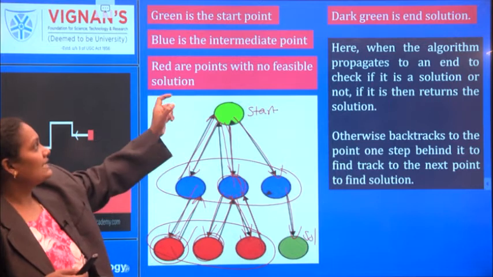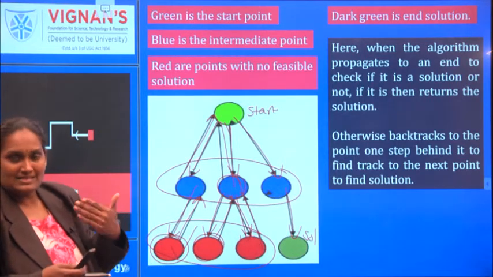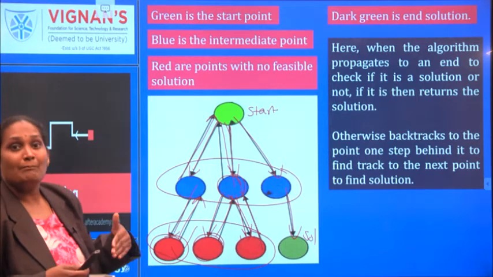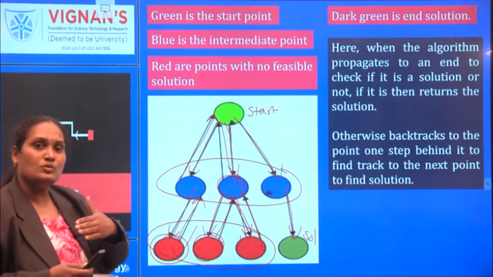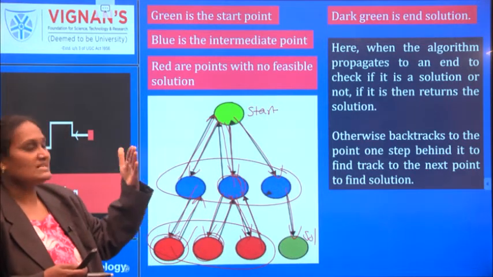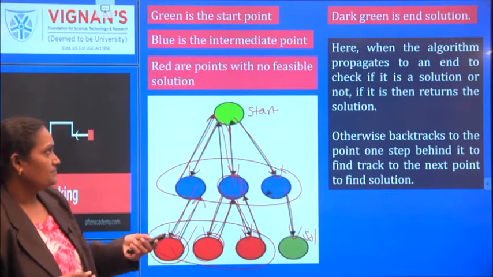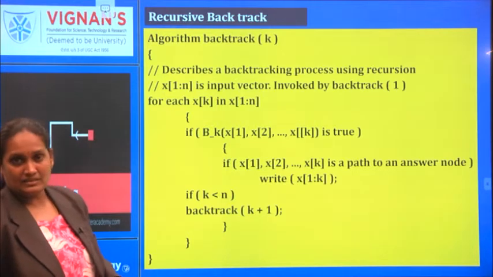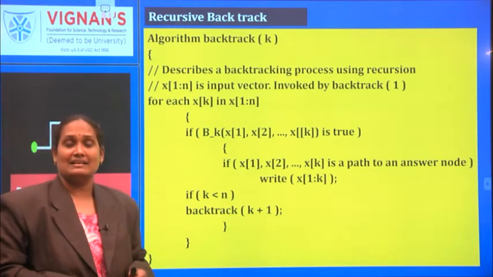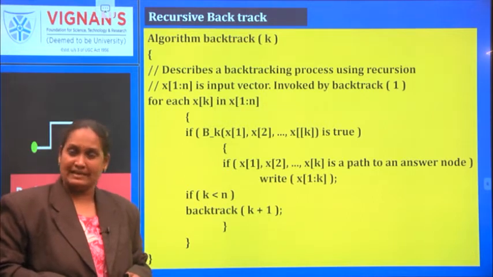That's why we call this algorithm design technique backtracking: we are moving back. Coming to the algorithms of backtracking, we can represent them in two ways. One is a recursive algorithm and the other is an iterative algorithm.